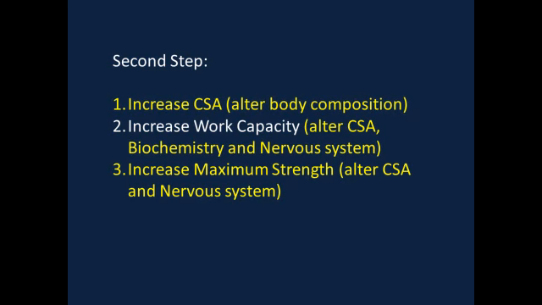It's the people who have both of those that make it to the elite level. All right, so our second step then deals with changing cross-sectional area, also perhaps changing work capacity, although we're primarily going to talk about changing cross-sectional area, working on the nervous system, and altering maximum strength.